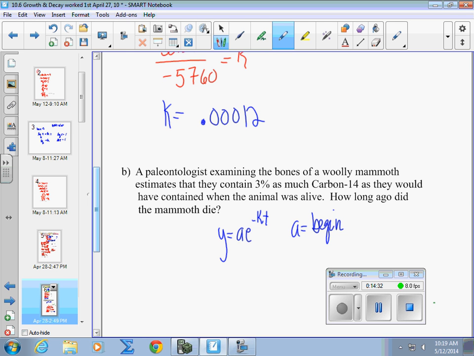Because we just finished finding out what the K for carbon-14 was, we're using the same formula because it's just part B of the problem. K we found to be decimal 0.00012. T is what you're looking for, and Y is the remaining amount.